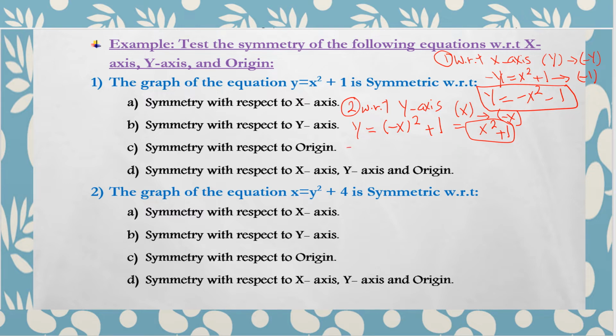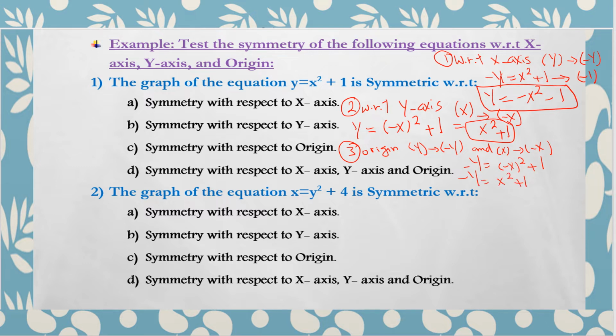Let's test for the origin, and this is by replacing y with negative y and x with negative x. So we get negative y equals negative x squared plus 1. So negative y equals x squared plus 1.